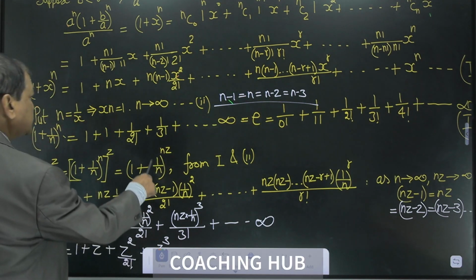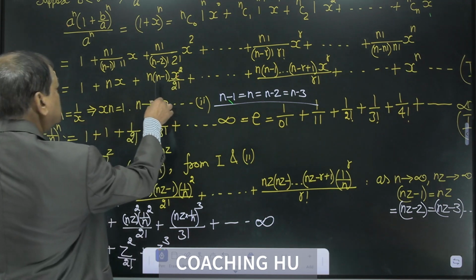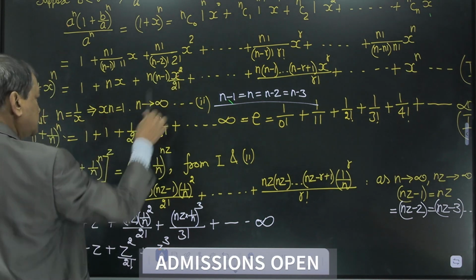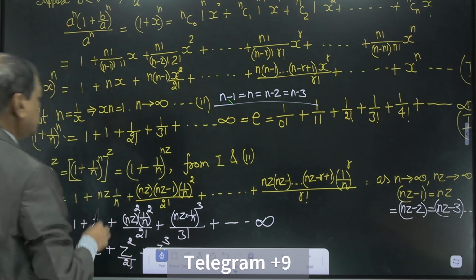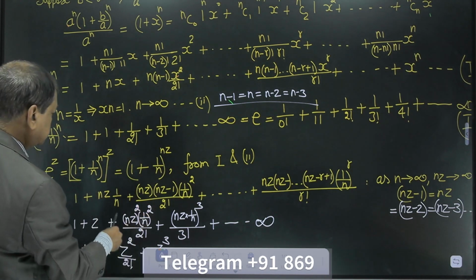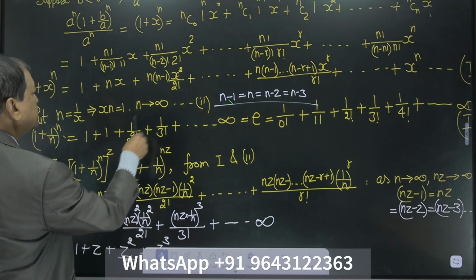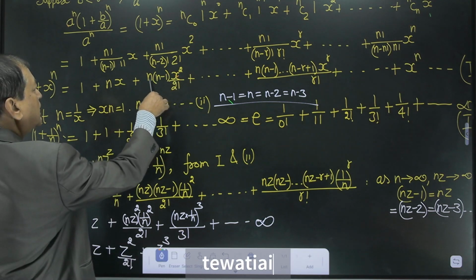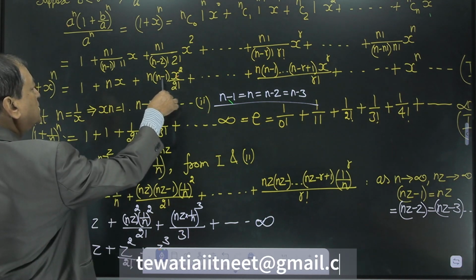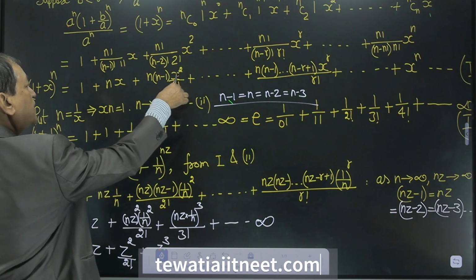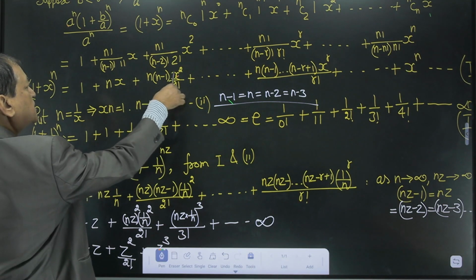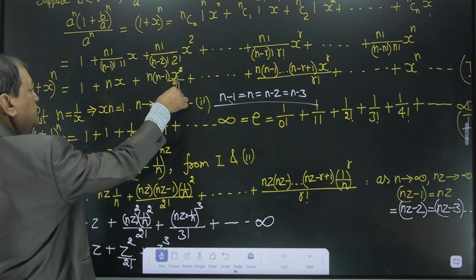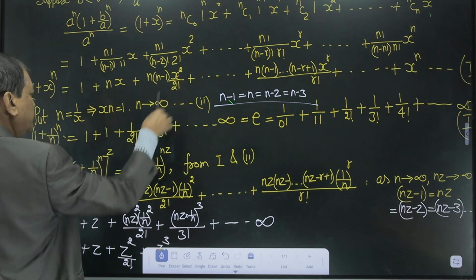So here when we expand it, n into n minus 1 x square by 2 factorial becomes n square times 1 by n square, and they cancel out, so what remains is 1 by 2 factorial.